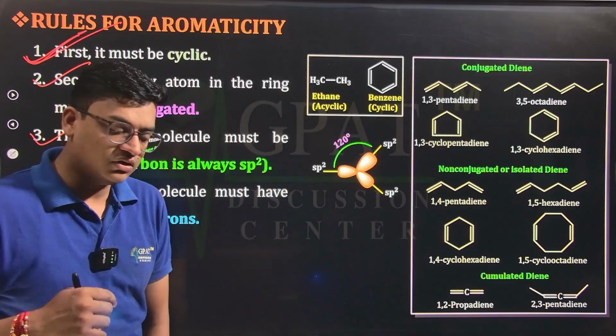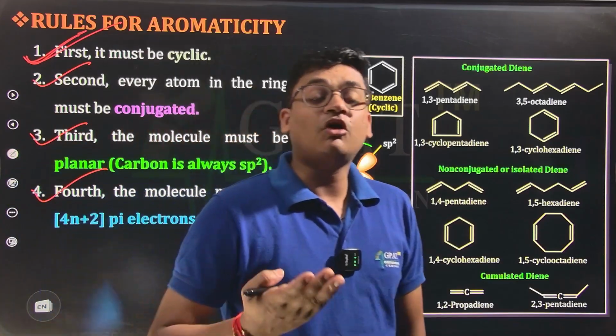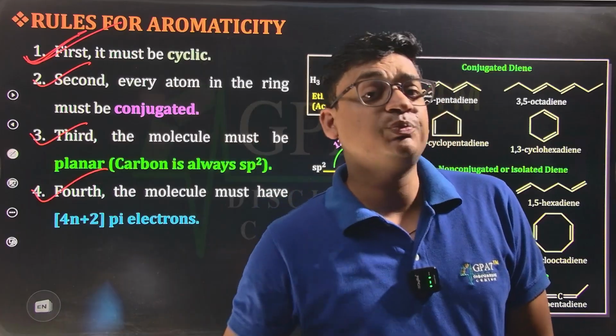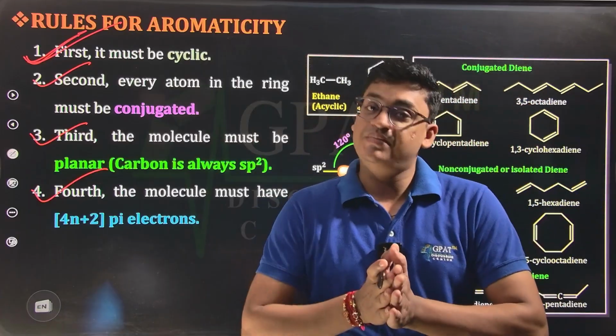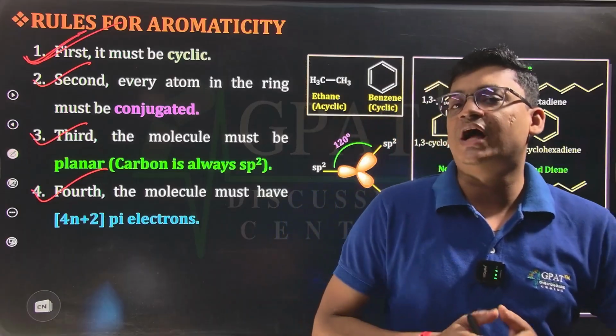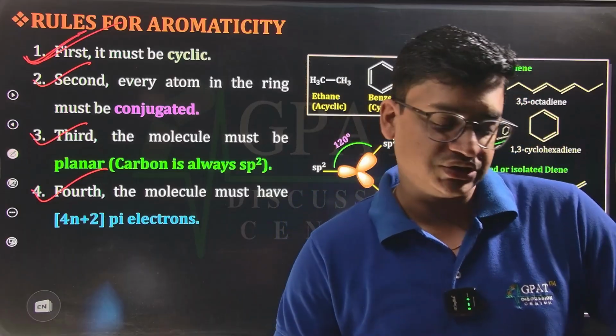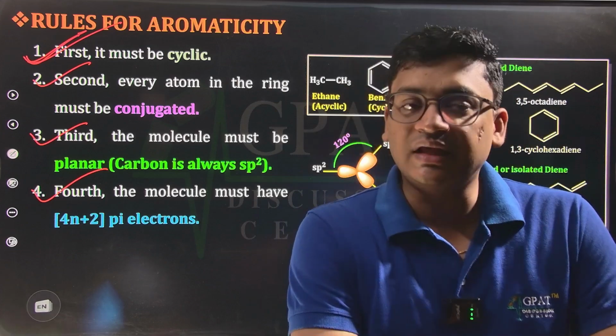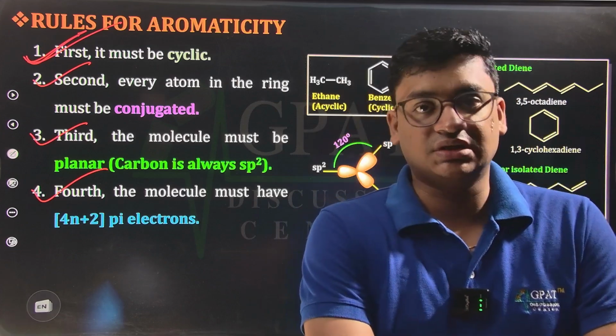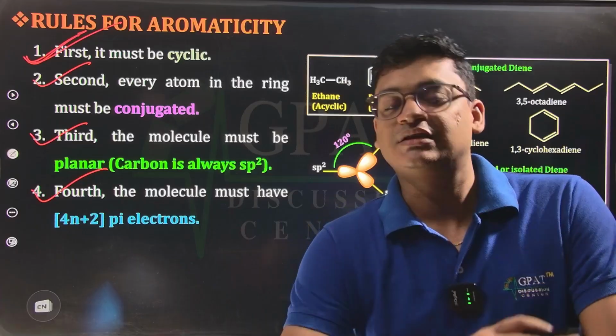Then the next condition is the presence of planarity. Now this planarity can be checked by hybridization. As we all know, sp2 hybridized atoms have a planar structure, and benzene, as we know, has a flat, planar structure.